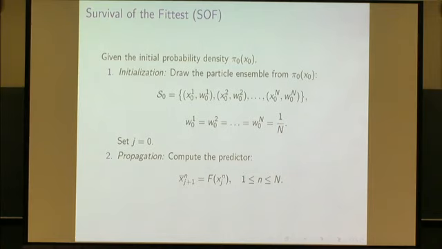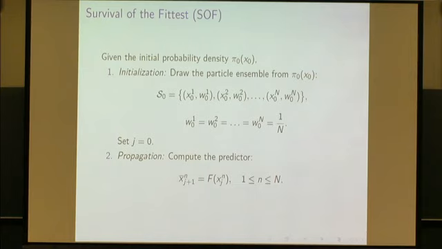By the way, at this point, I'm not talking about the parameters. That will be another layer which comes in soon, in about 8 minutes. So we draw a particle with equal weight from our initial distribution.